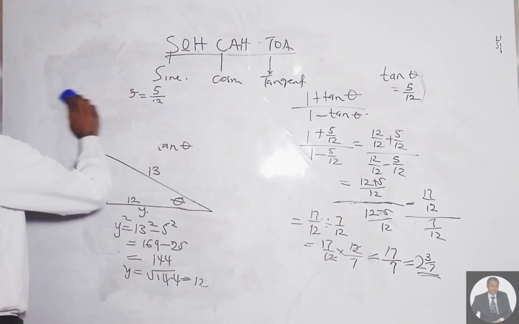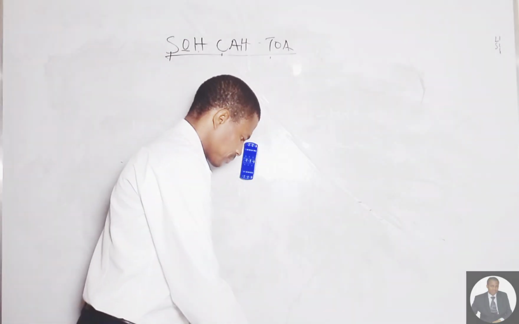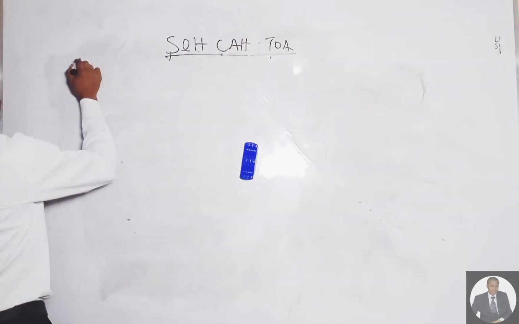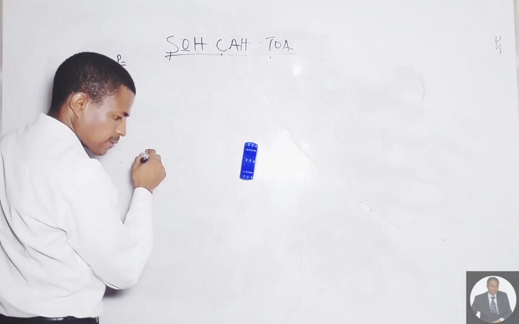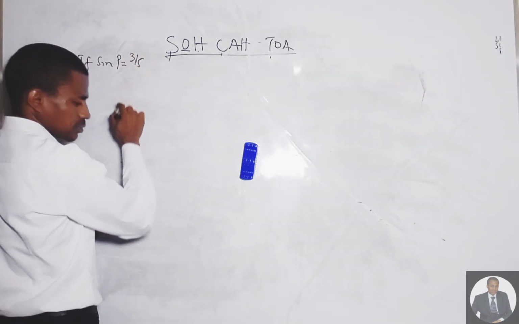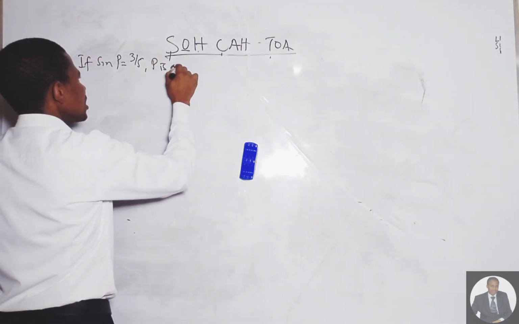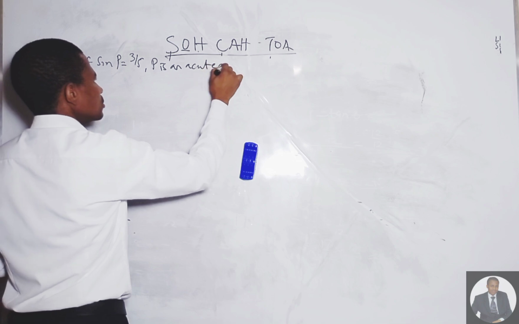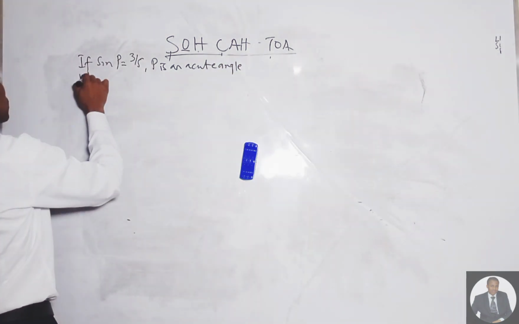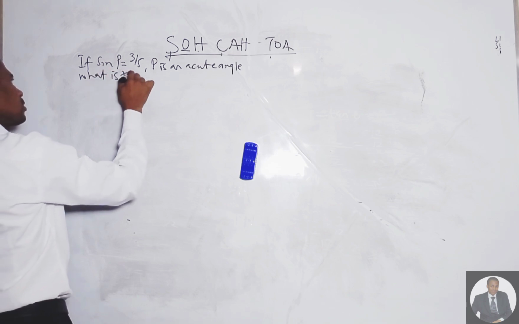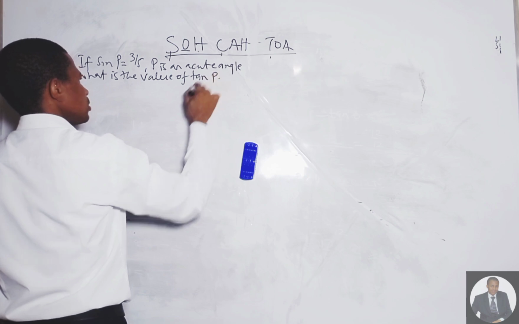Let's look at another question. If sine P equals 3 over 5 and P is an acute angle, what is the value of tan P?